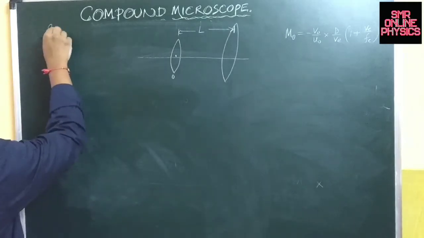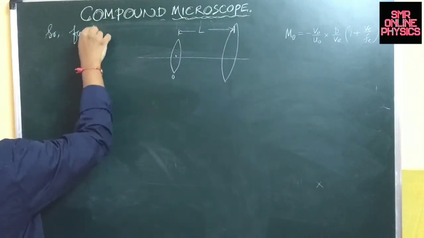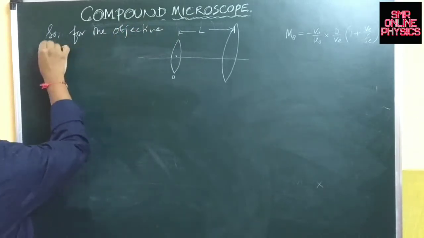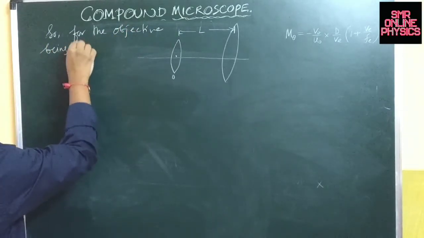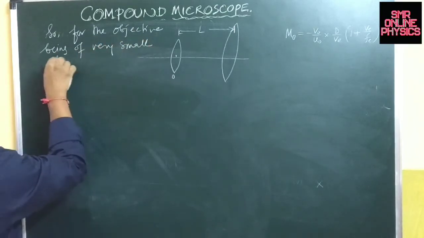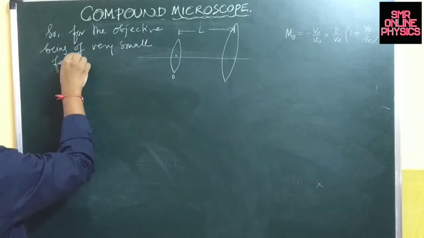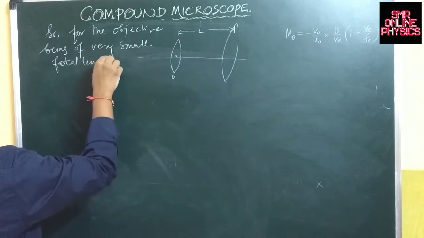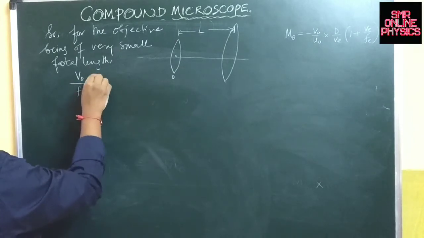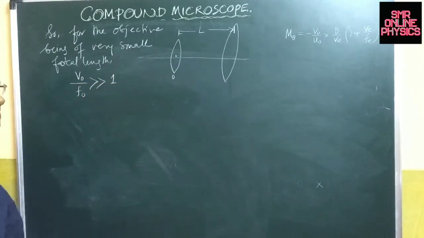For the objective being of very small focal length, V naught by F naught can be much greater than 1.